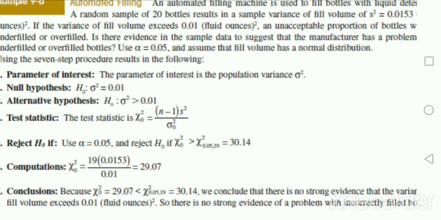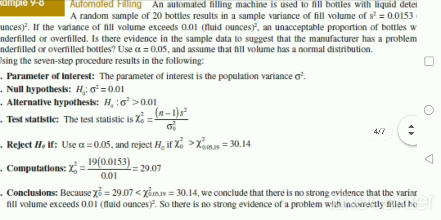In this problem we have n equal to 20 and sample variance s squared equal to 0.0153. You can substitute that information, and the hypothesized population variance sigma naught squared is 0.01.